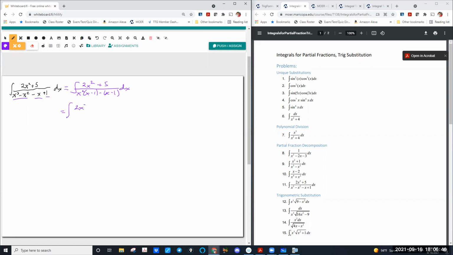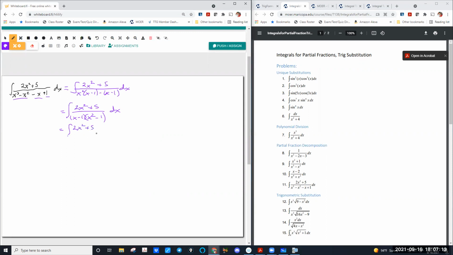So I've got 2x squared plus 5 over x minus 1. And what's left? x squared minus, when we factor that out, there's still a placeholder, minus 1. Now, because this is a minus, this is still factorable. If this were a plus, this would be an irreducible quadratic. It's still factorable. We're going to go one more level.